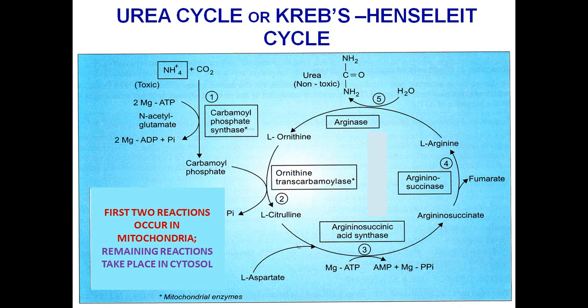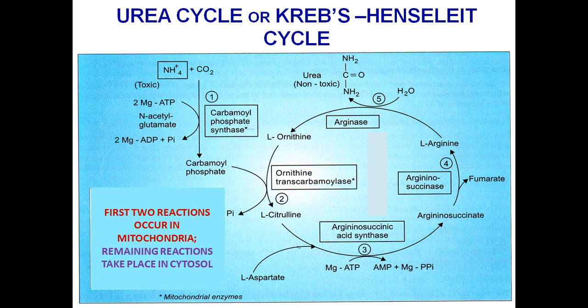In this cycle, urea is synthesized from ammonia and carbon dioxide in the liver, and the subcellular site is partly mitochondrial, partly cytosolic. That means some of the reactions take place in the mitochondria, and some take place in the cytoplasm.